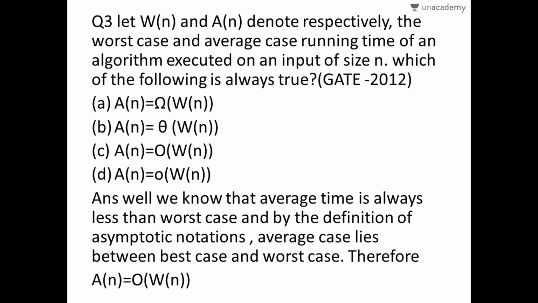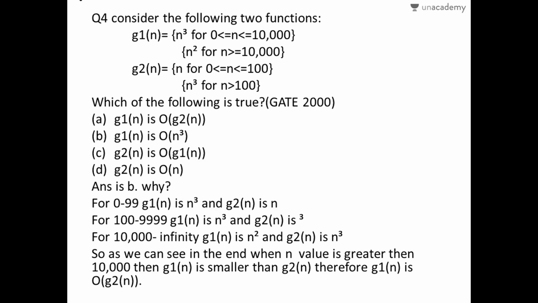So we can say that the average case is less than or equal to the worst case, or that the average case equals big O of the worst case. We see that option A says a(n) equals big O of w(n). So this is our answer.